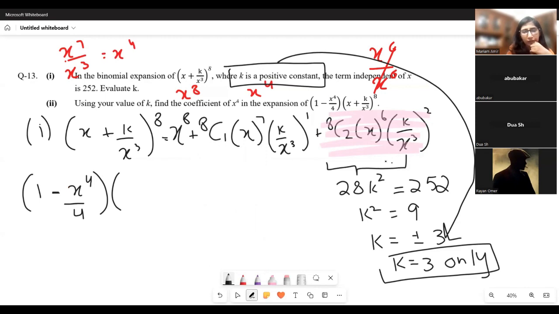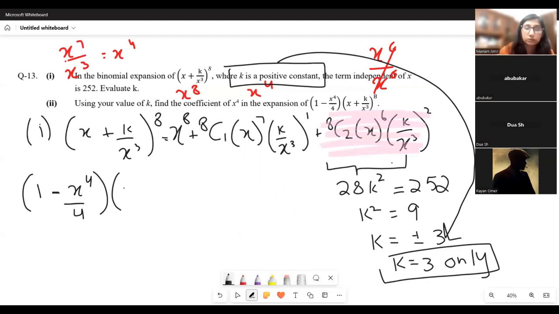I believe we can. Let's use the expanded format of this. We are using the expansion of x plus k upon x cube power 8. The board is stuck. Hopefully it will unstick itself in a bit.